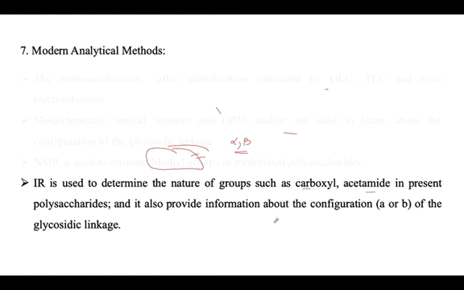So it gives us information about the different groups present in the polysaccharide, and it also provides information about the alpha or beta configuration of the molecule. So read it as alpha or beta, not A or B. It gives us information about the alpha or beta type of linkages present in the molecule.